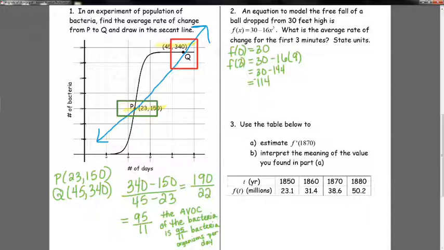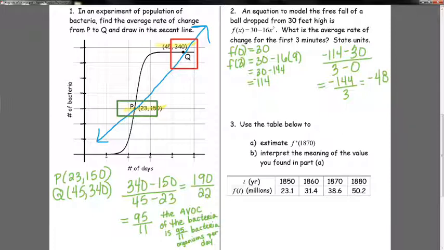So now let's do our old school slope. I have negative 114 minus 30, divided by 3 minus 0. That gives me negative 144 divided by 3, which is negative 48.